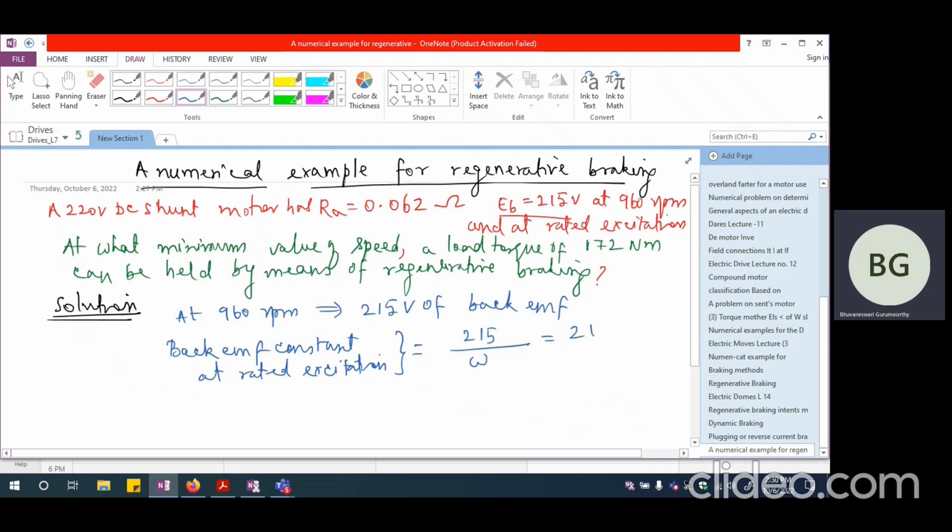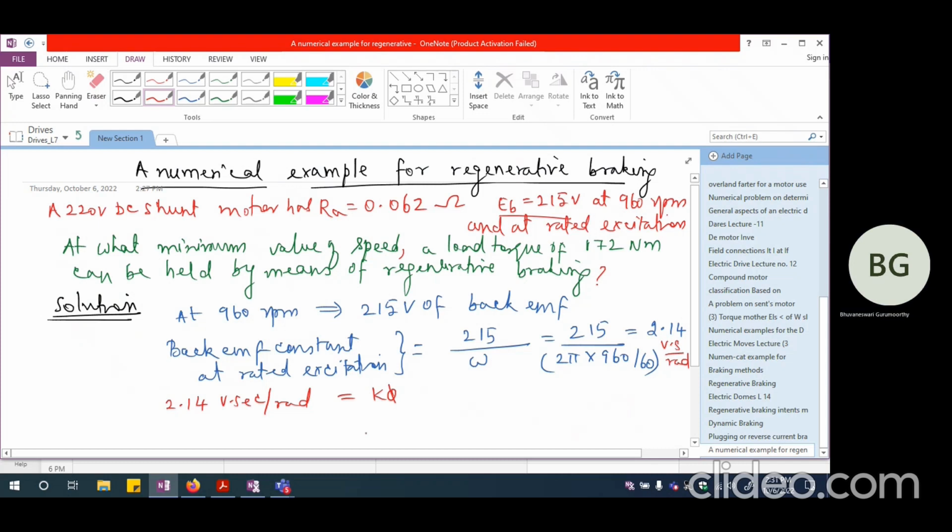So that is going to be 215 divided by 2 pi multiplied by 960 divided by 60. Okay, so this comes out to be 2.14. The units will be volt second per radian. So 2.14 volt second per radian is going to be the back EMF constant K5.